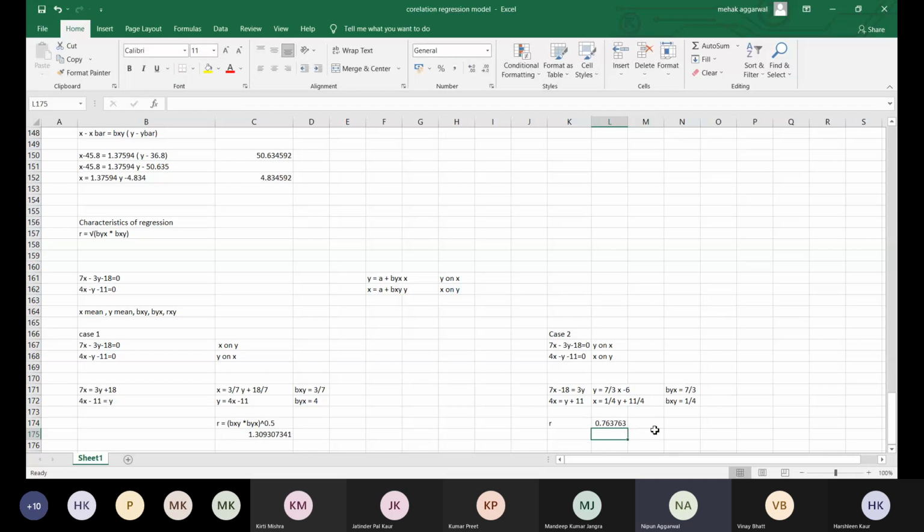That comes out to be 0.763. So which is possible now? The coefficient of correlation can be 0.76, so that means this case is accepted.